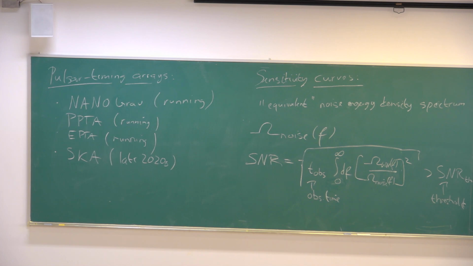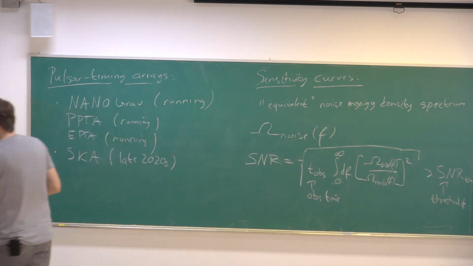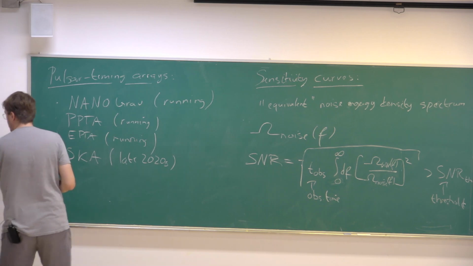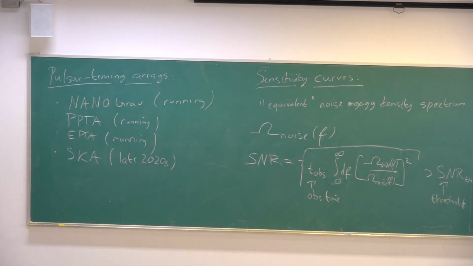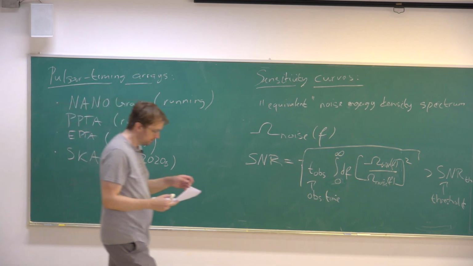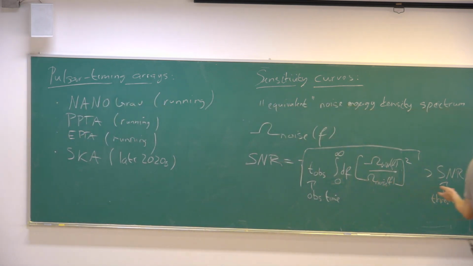You just assume that the noise is not correlated, whereas for our case, you have this freedom of sliding. So, yeah, this is what stochastic gravitational wave detection is.